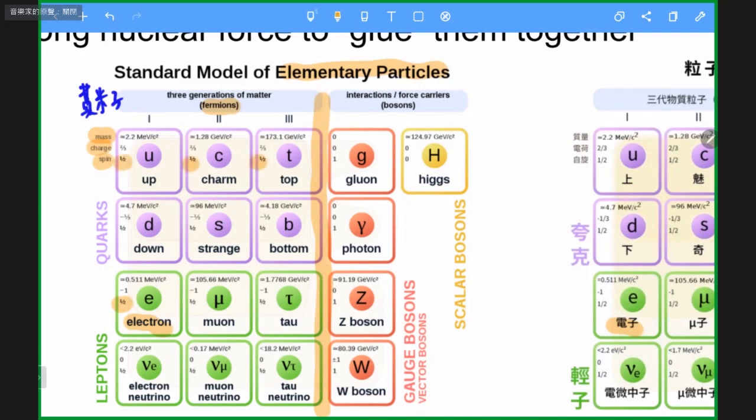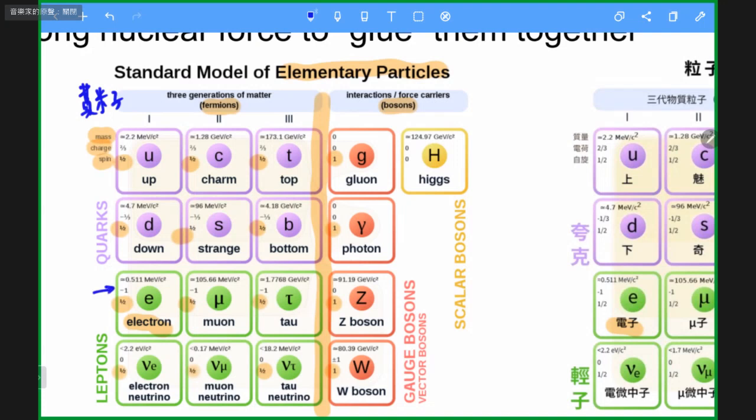All of them are 1/2. These are the so-called fermions. On the right-hand side, we can see the bosons. For the bosons, the spin is 1. If you want to ask what a boson is, actually I don't know. But you can see the charge of the electron is -1.